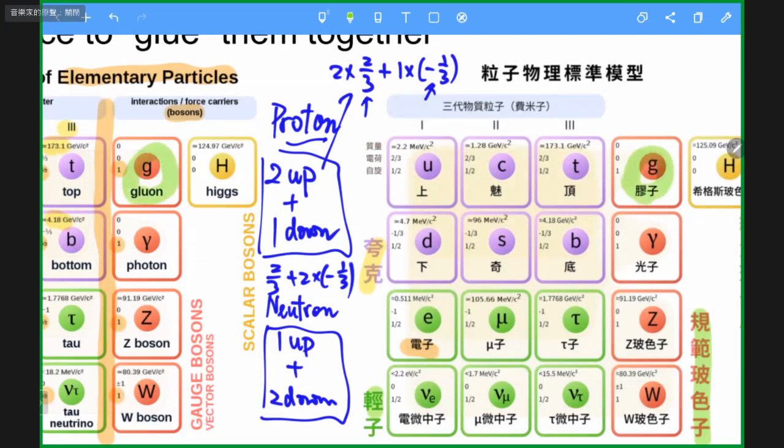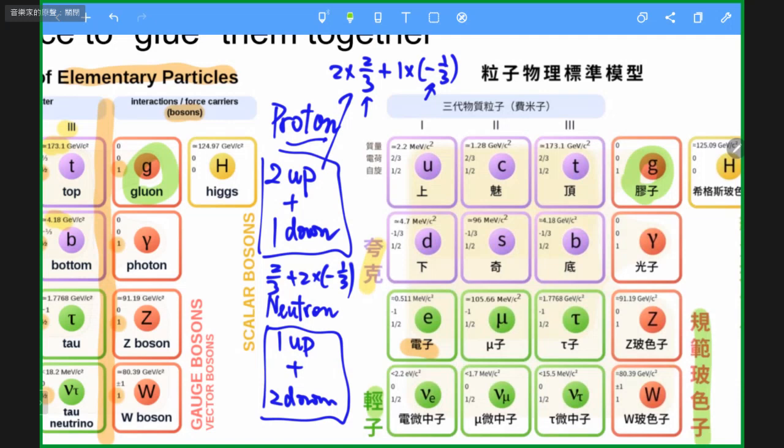The gluon is like glue, so the gluon tries to glue the nucleus together because there is a strong repelling force. It tries to collect all the protons and neutrons together. Of course, there will be some strong force between them, to make the nucleus stable.